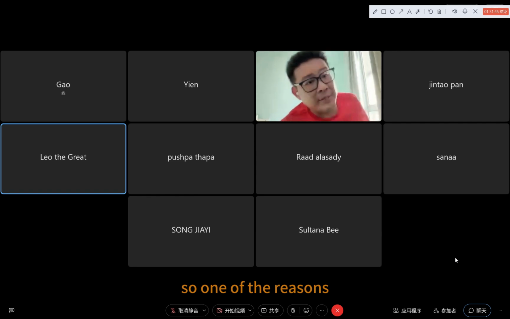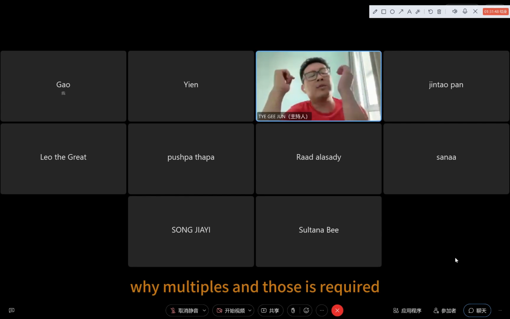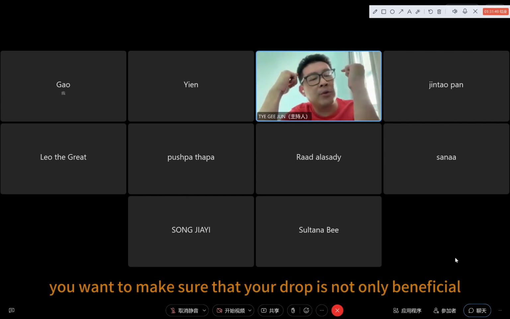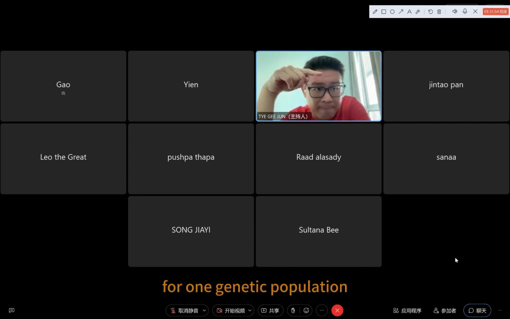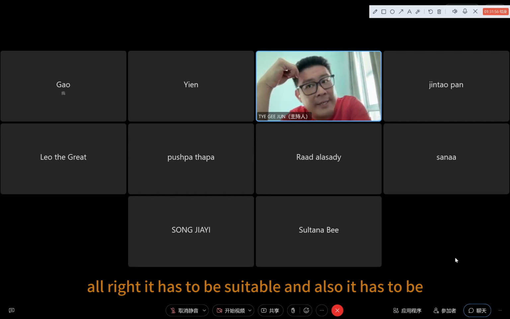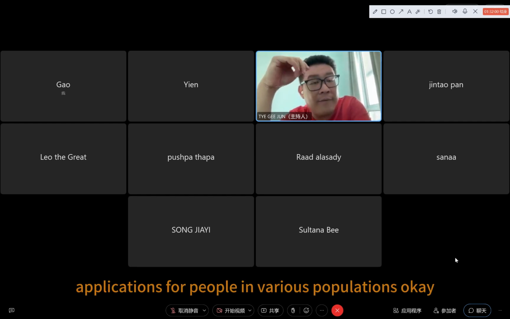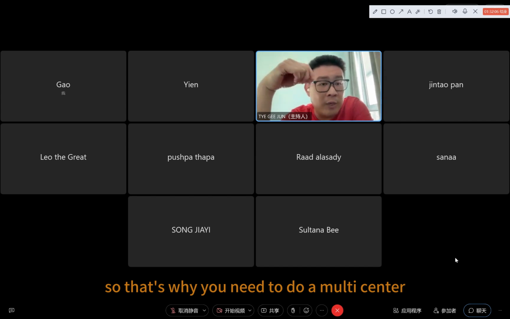Correct. So one of the reasons why multiple centers is required is because you want to make sure that your drug is not only beneficial for one genetic population. It has to be suitable, and also efficacious for people in various populations. So that's why you need to do a multi-center.